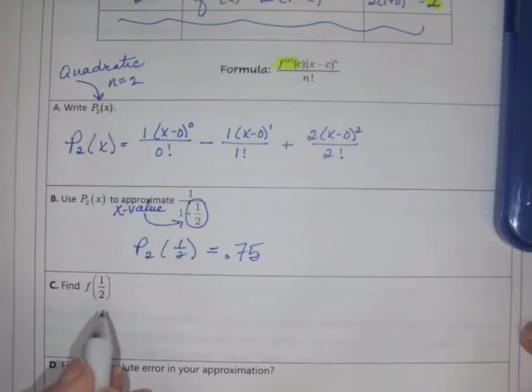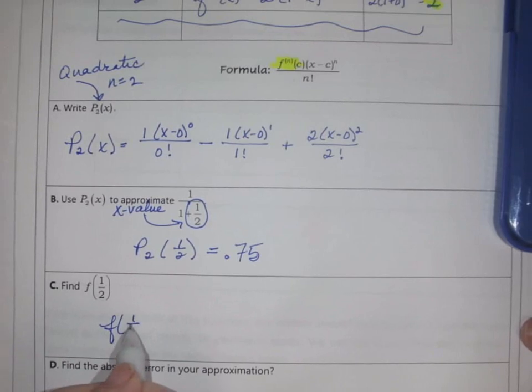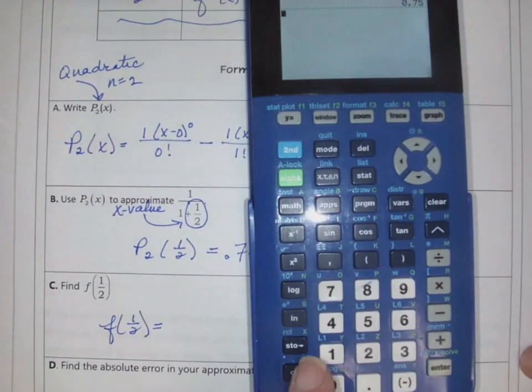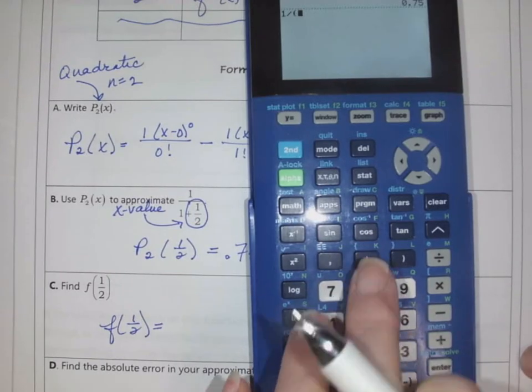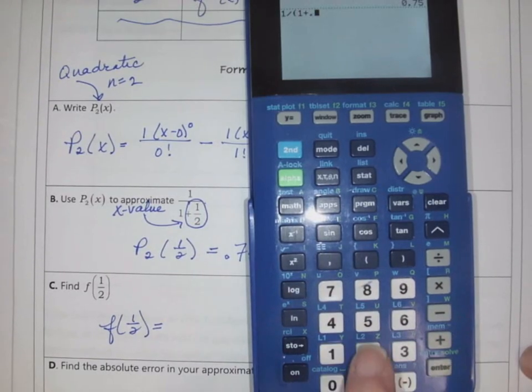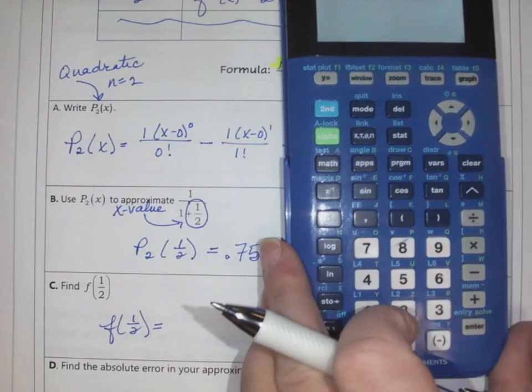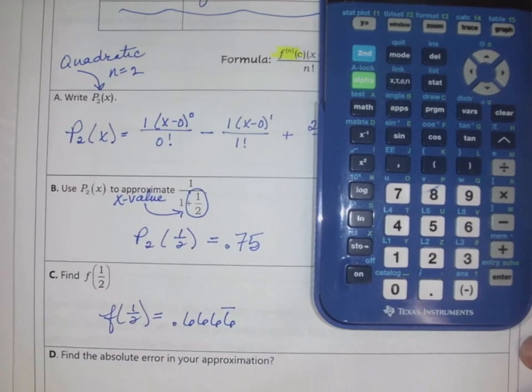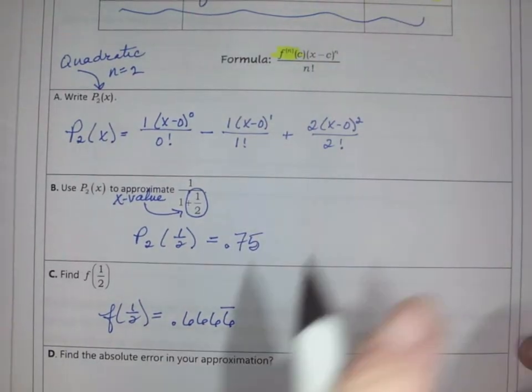All right, f of 1/2 would be that 1 over 1 plus 1/2. So that would be 1 divided by 1 plus 0.5, which is 0.66 repeating. And then what is the absolute error in our approximation?